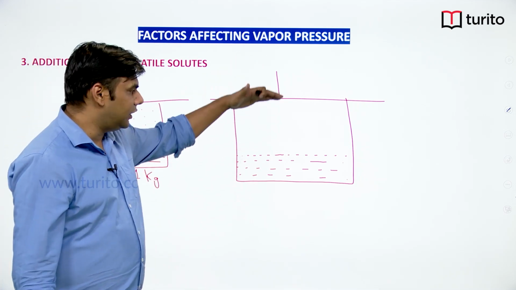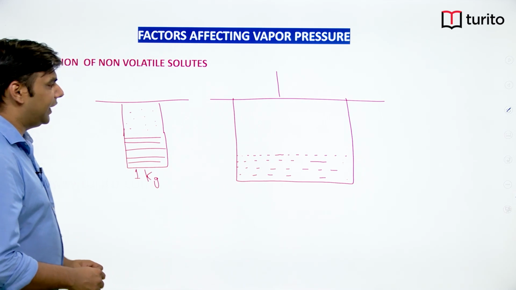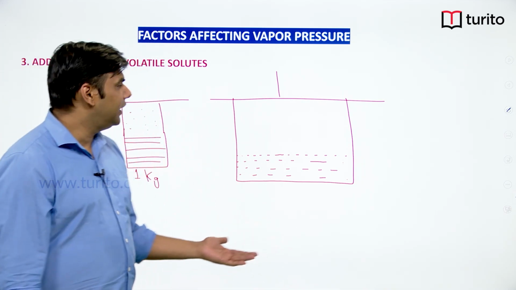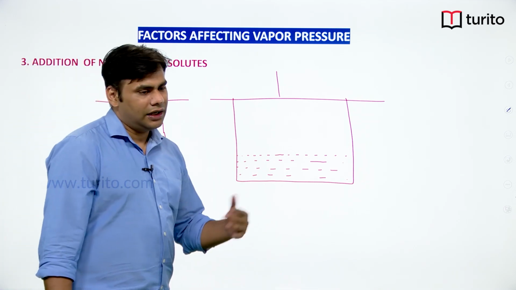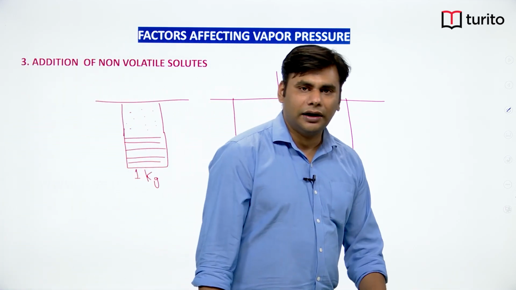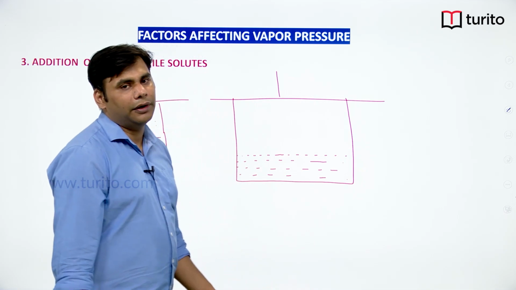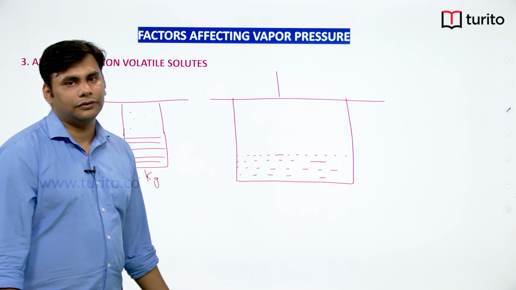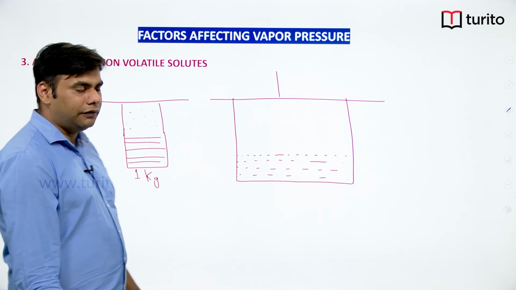Will there be any change in the vapor pressure? Again, vapor pressure will not depend on that, because it is temperature dependent. So we will say that it is independent of pressure also. I hope this is clear to everyone.